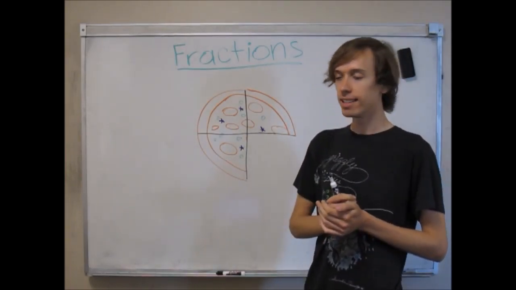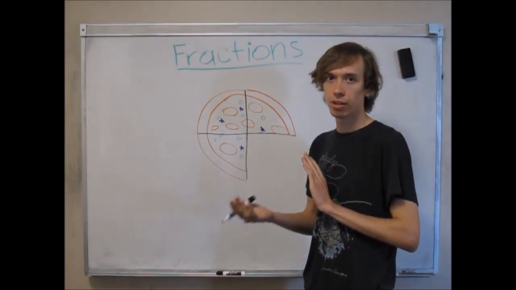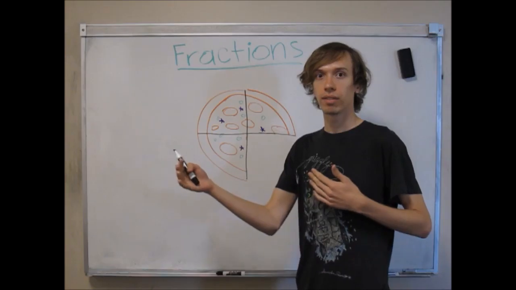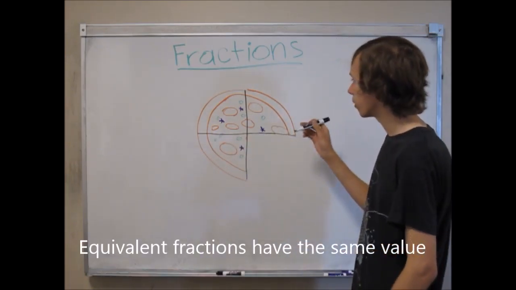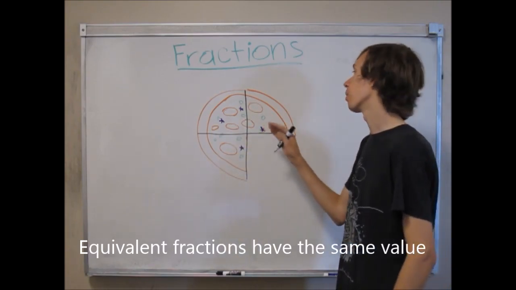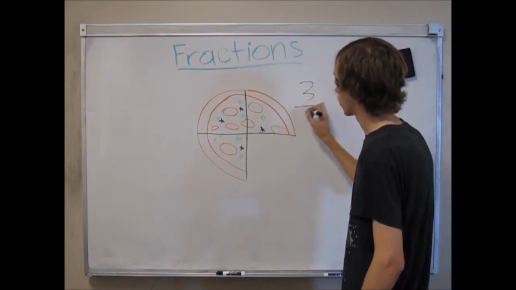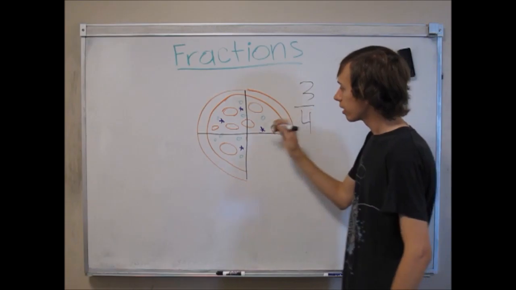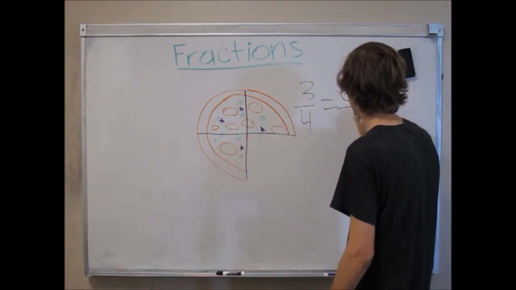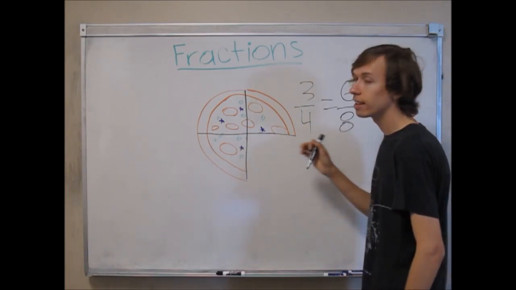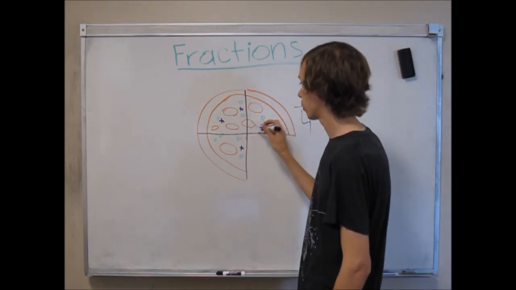Something important to note is that with any fraction, there's a bunch of ways to write equivalent fractions. For example, if you had 3/4 of a pizza like before, 3/4 is actually equal to 6/8. Let me show you that with the pizza. This is 3/4.